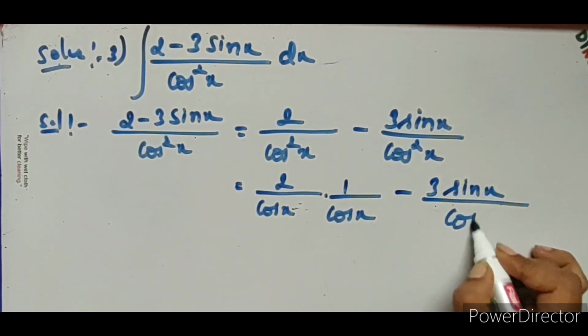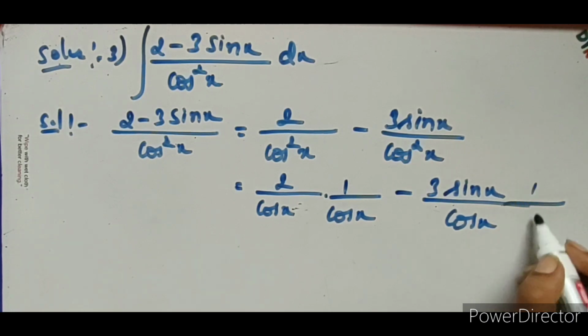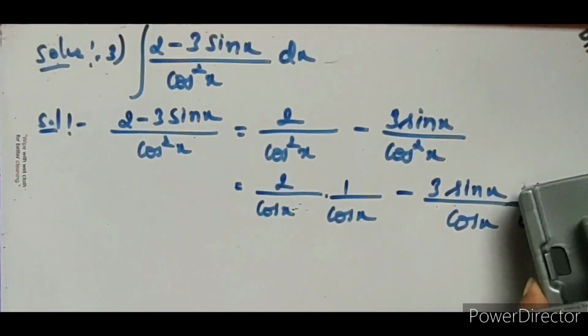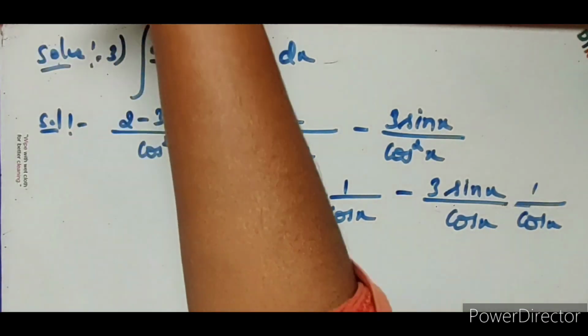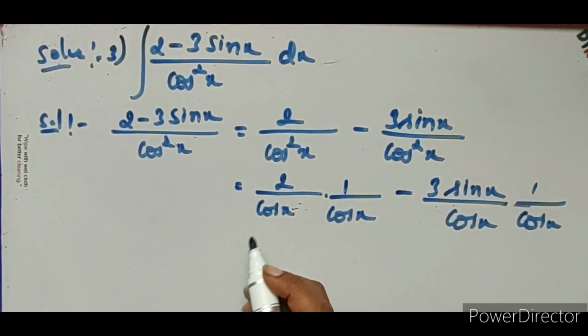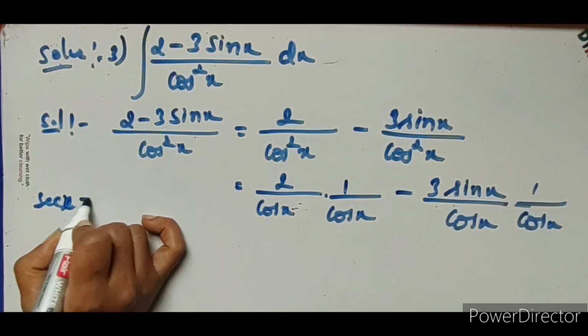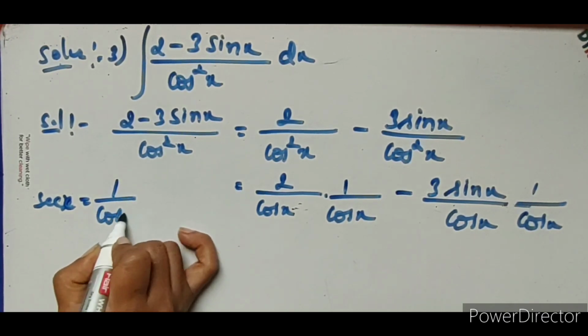So sin x in the denominator, that cos x, I will write as sin by cos x, 1 by cos x. So you know that secant x is nothing but 1 by cos x.